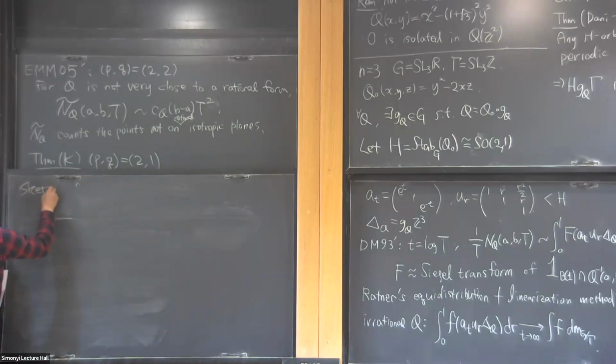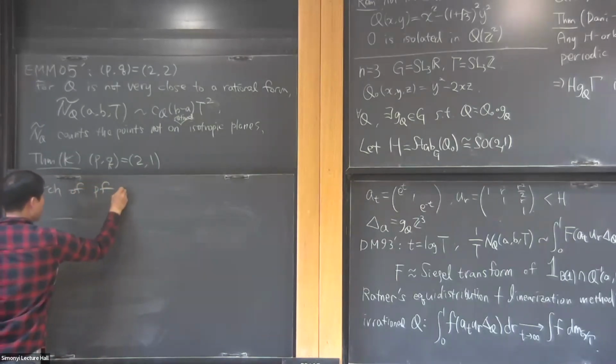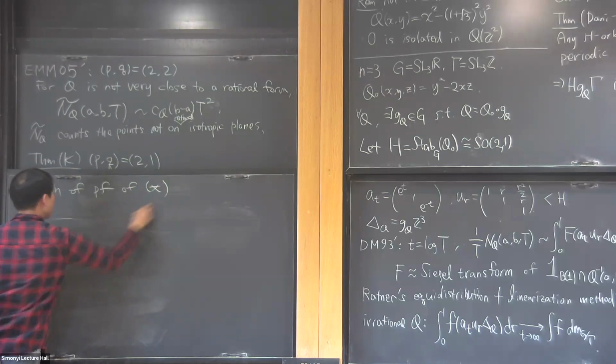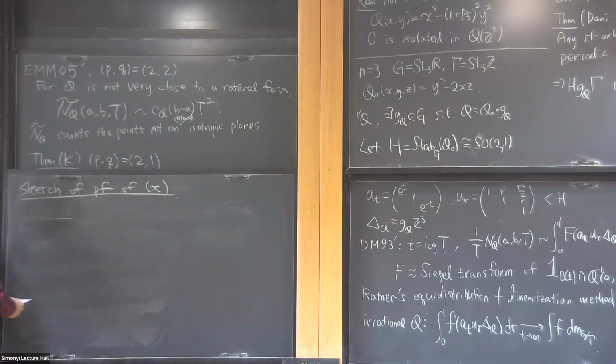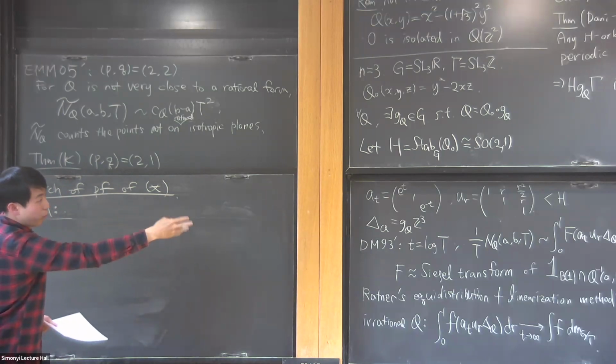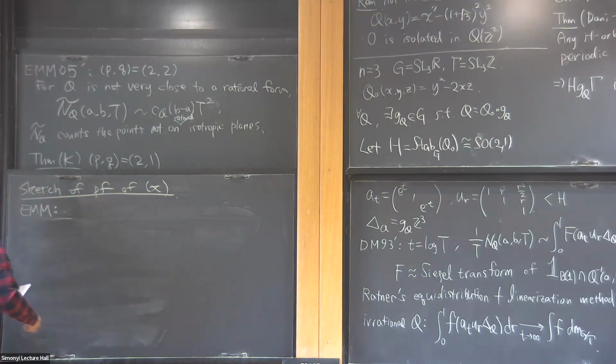Okay, so the sketch. Let me go back to the paper of Eskin, Mozes, and Margulis, which proved a similar result for the exponent lambda less than 1.